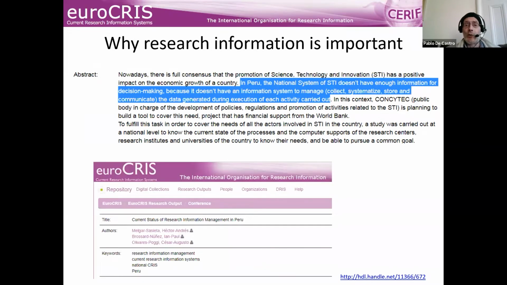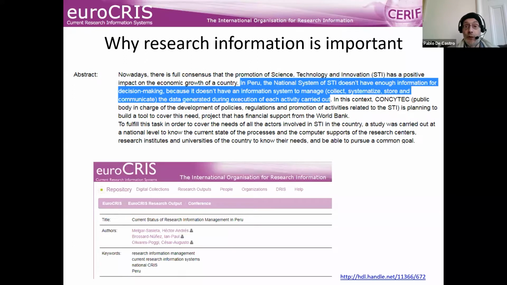Now, why research information is important was summarized in a contribution that we had to the CRIS 2018 conference that Eurocris organized in Sweden back in 2018. There was a submission to the conference from the Peru CRIS project. This is a national project in Peru, in South America, to build a national CRIS system in the country.